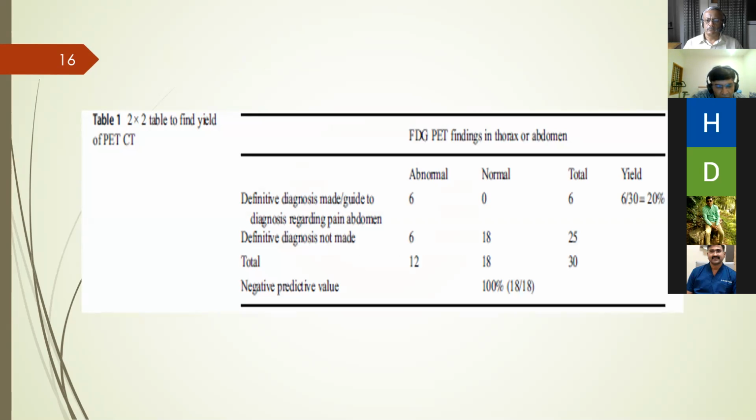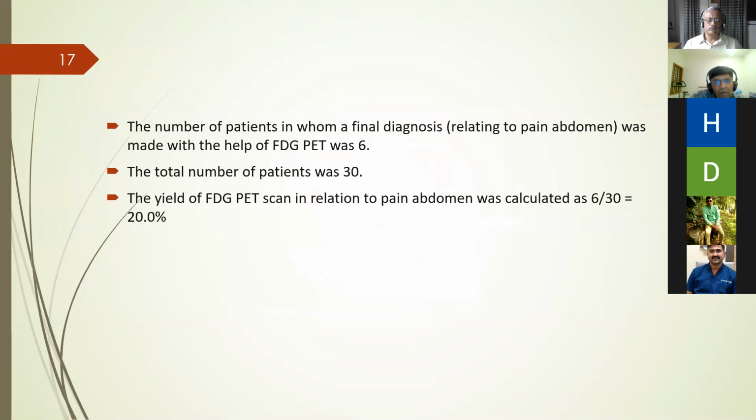The negative predictive value, where the definitive diagnosis is not made in 18 patients, is 100%. The number of patients in whom the final diagnosis was made through FDG PET is 6. The total patients, we know, is 30. The yield of this study is 20%, as it is low.